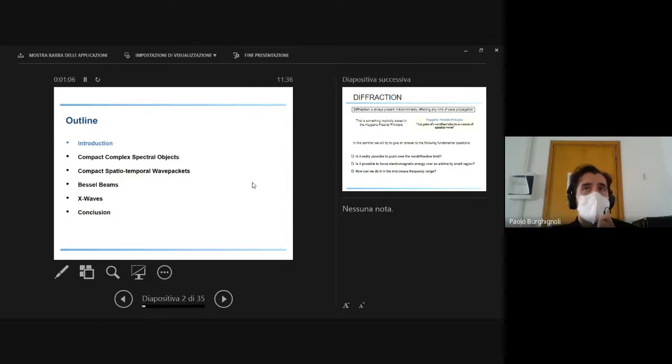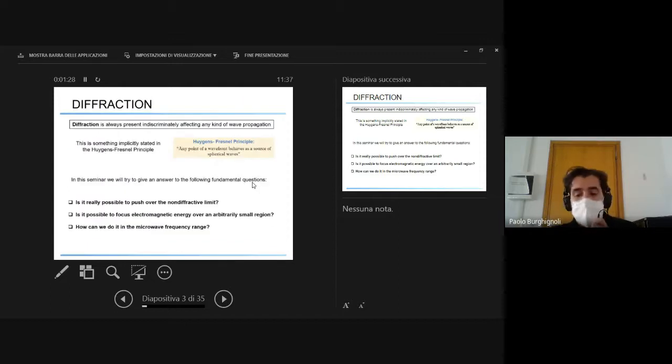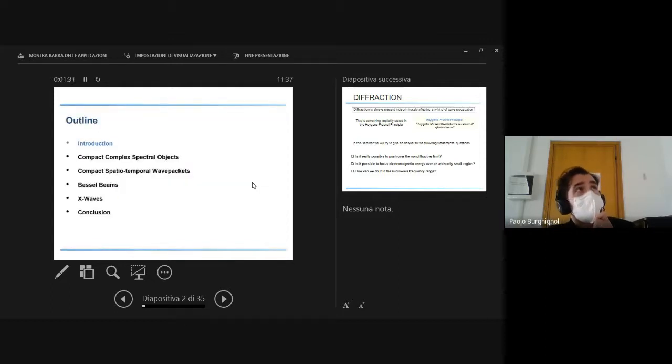That means the connection that exists between rays and plane waves, which is helpful to understand how radiation occurs from a planar aperture in order to create focused beams and focused pulses, which are the constituents of localized waves. This will give me the opportunity to talk about compact spatial temporal wave packets, as I said, localized beams and localized pulses, and representatives of these objects are Bessel beam waves. And finally, I will draw the conclusion.